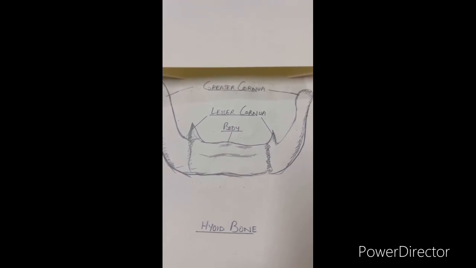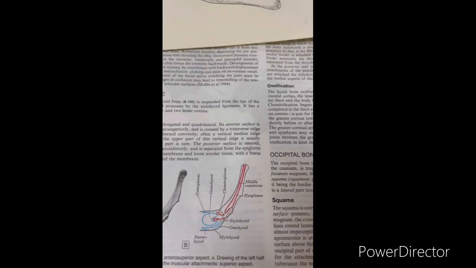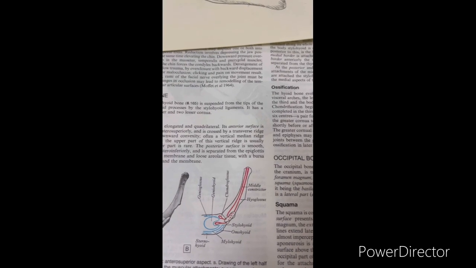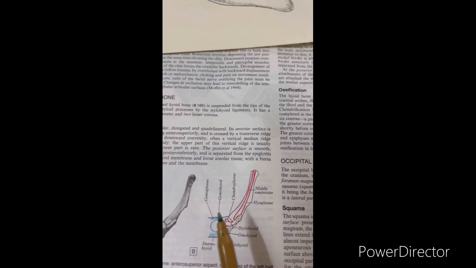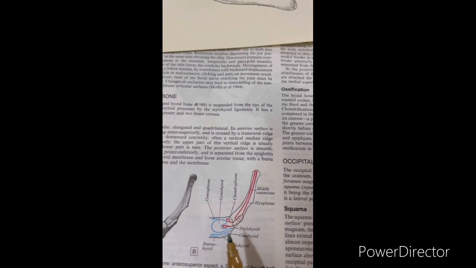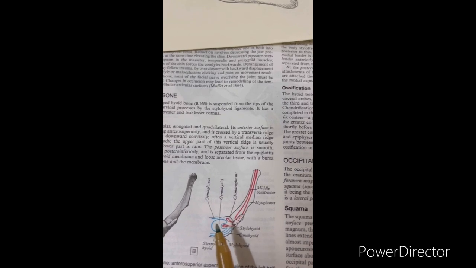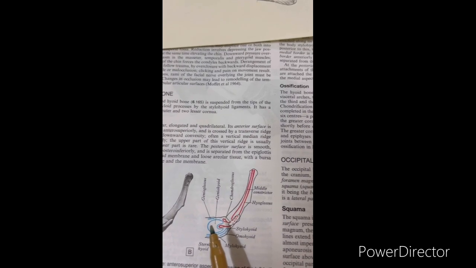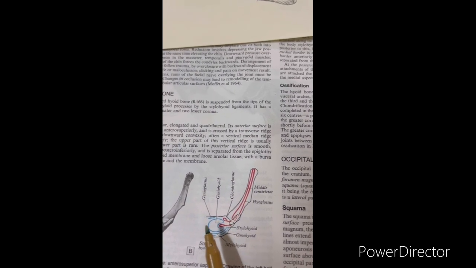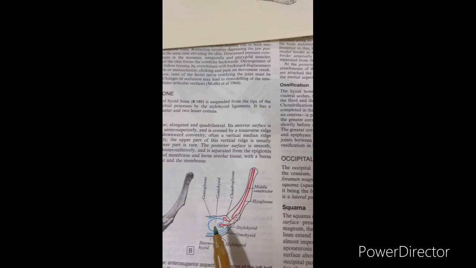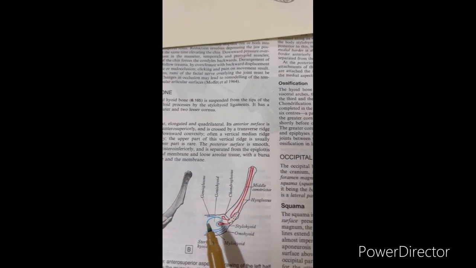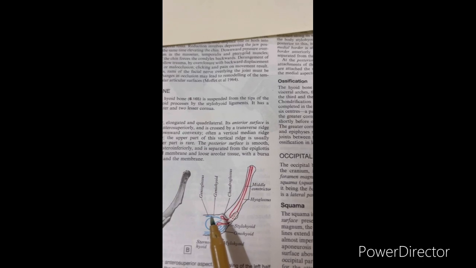Coming to the muscle attachments. Attached to most of the body's anterior surface is the geniohyoid muscle, which is attached both above and below the transverse ridge, which divides the anterior part of the body into halves, in the depression called the geniohyoid area.